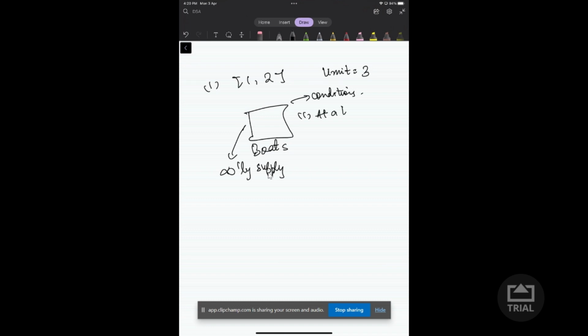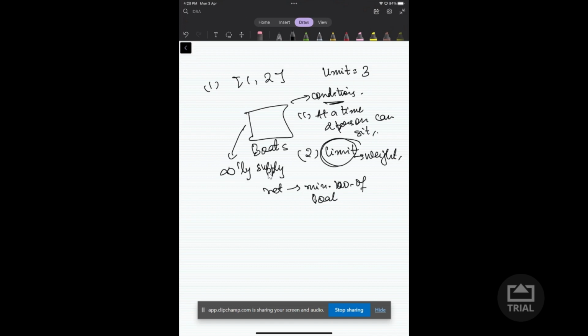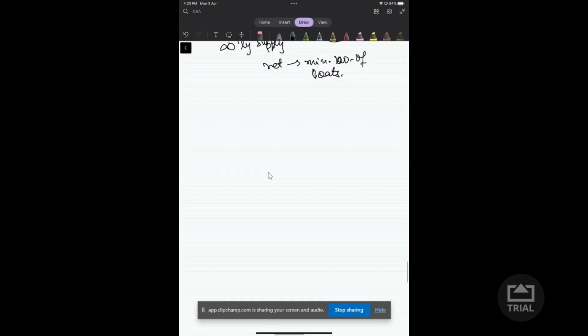At a time, two people can sit on the boat. And second is the limit, there is a limit to the weight. So following these conditions, we have to return the minimum number of boats that will be required.